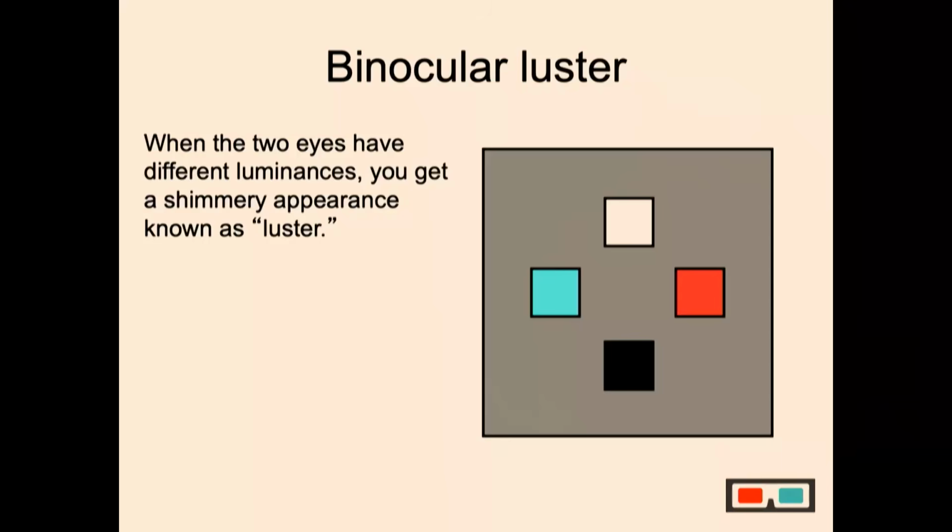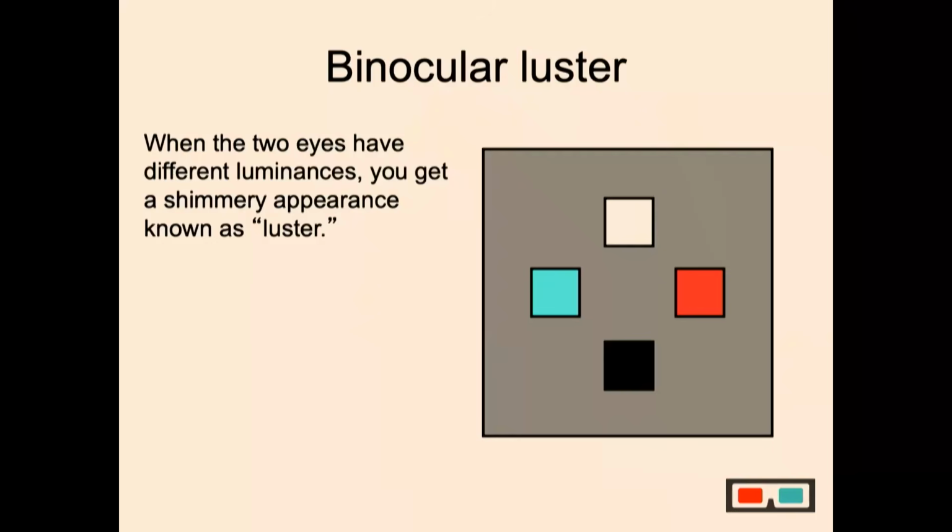Okay, another cool phenomenon that is related to binocular vision is luster. Luster occurs when the two eyes receive different luminances. When that happens, you get this shimmery appearance that's known as luster.